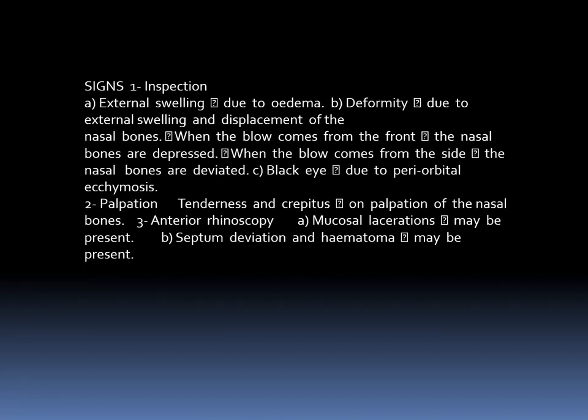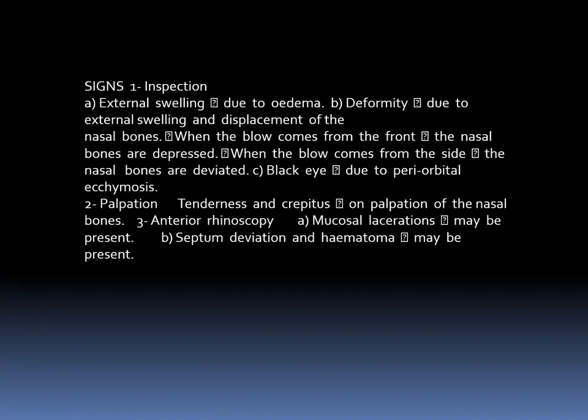What will you see? By inspection, you will see external swelling due to the edema, deformity due to external swelling and displacement of the nasal bones. When the blow comes from the front, the nasal bones are depressed. When the blow comes from the side, the nasal bone is deviated, and maybe black eyes due to periorbital ecchymosis.